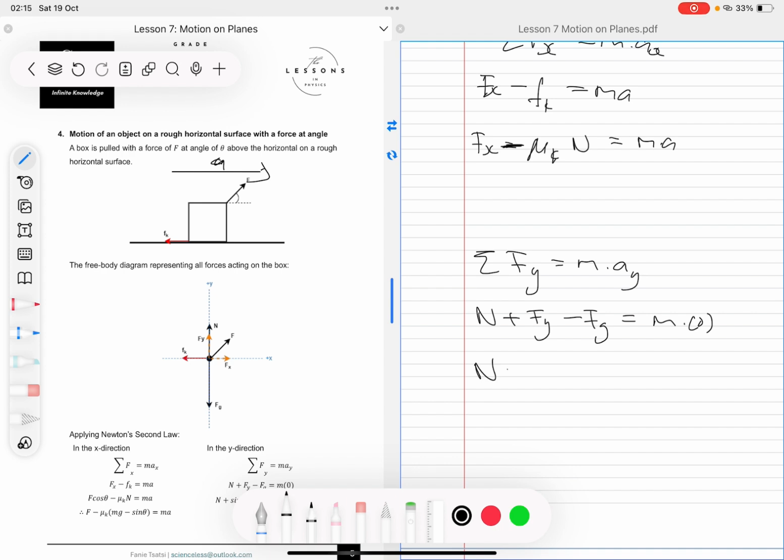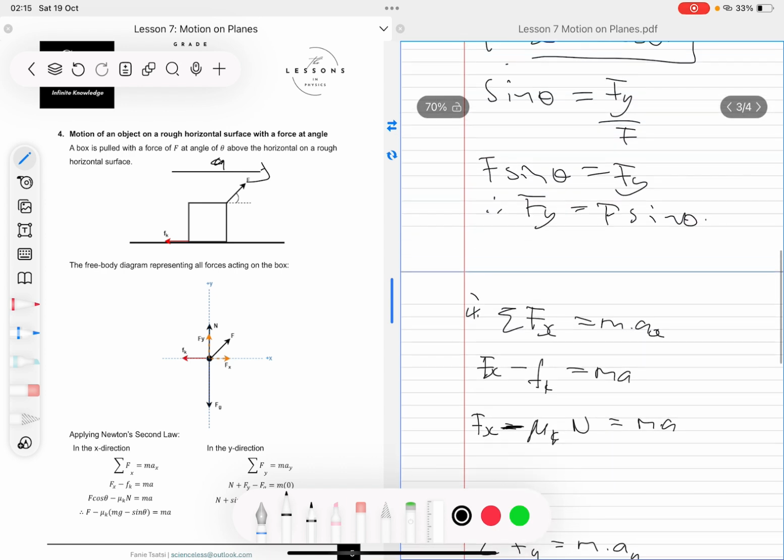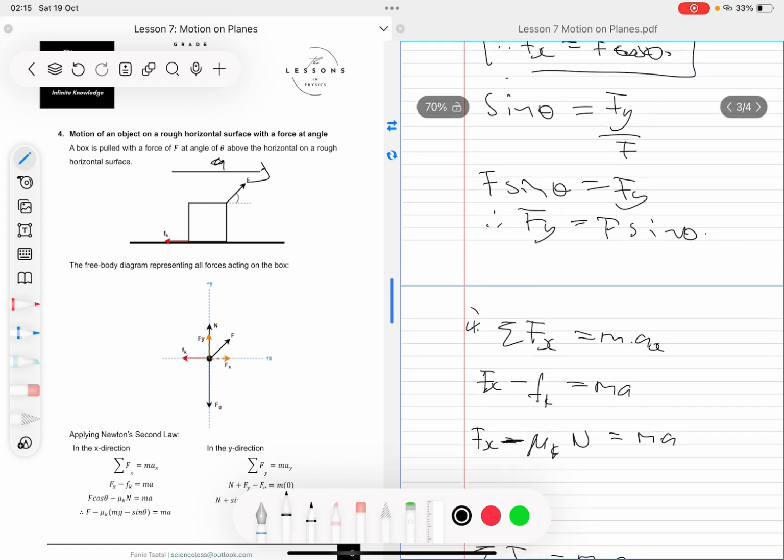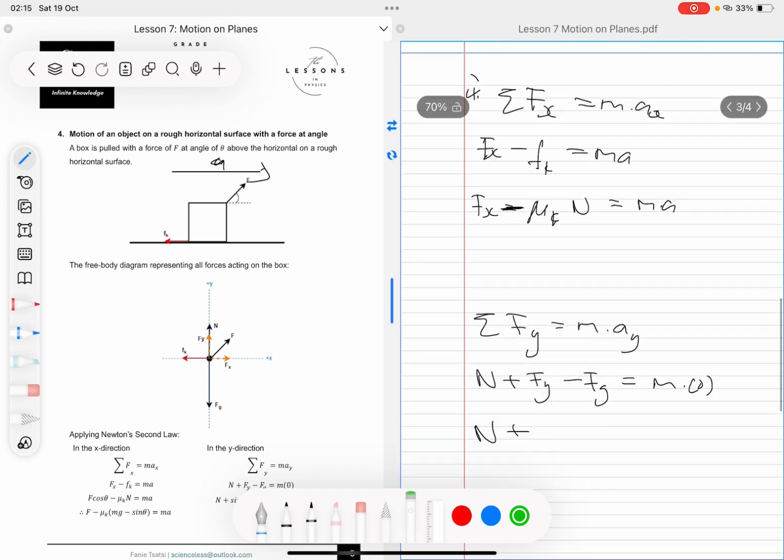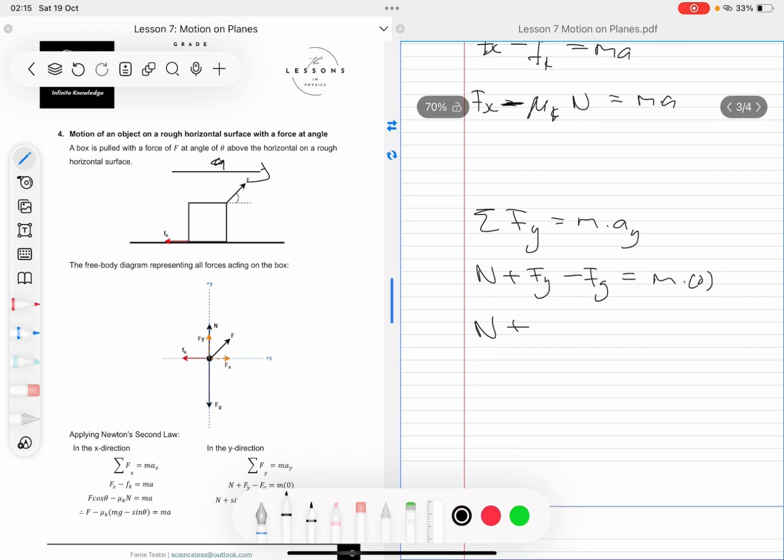At this stage you would see that there's a lot of things that I can change here. The normal force plus this component, we said when the scenario is like this, it will actually be F sine theta, right? So here we'll have N plus F sine theta minus mg is equal to 0, right?